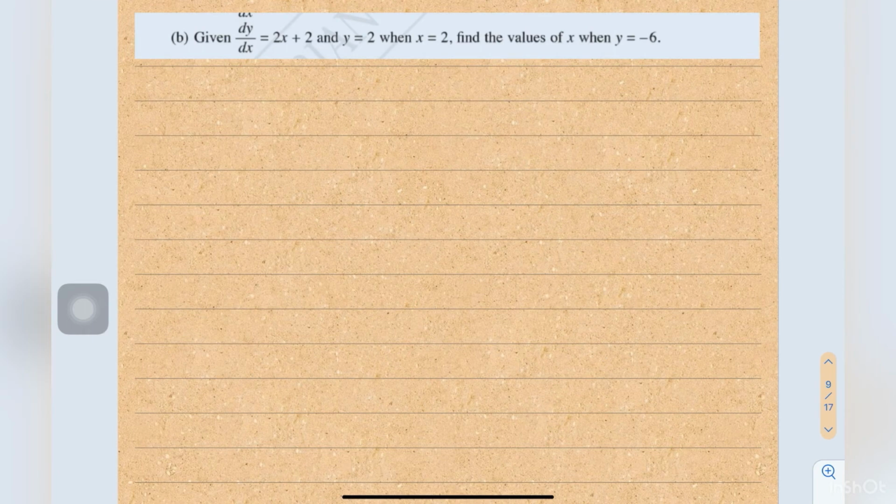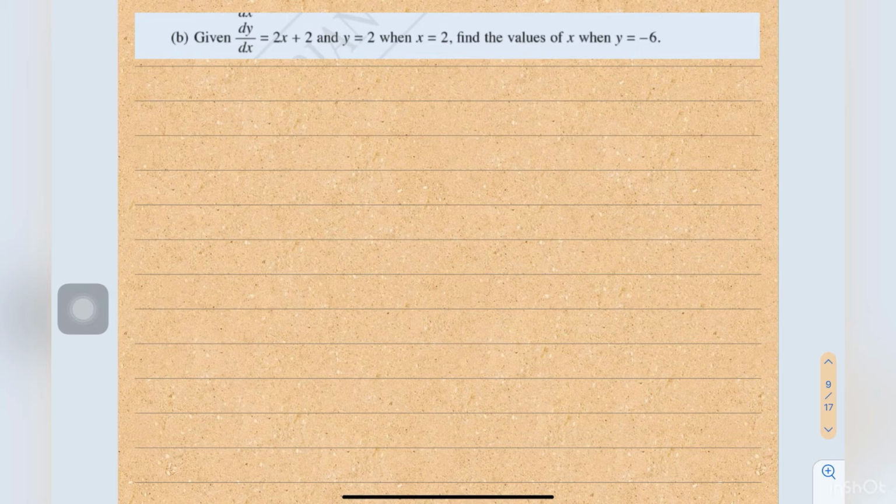Okay, number 4b. Given dy/dx equals 2x plus 2 and y equals 2 when x equals 2. Find the values of x when y equals negative 6. Now this question is quite different compared to 4a. In this situation, you need to find the values of x, but you need to find the equation first, which is y.